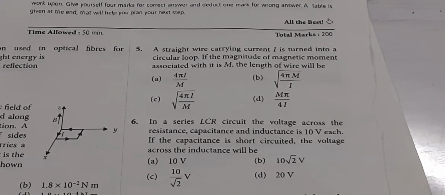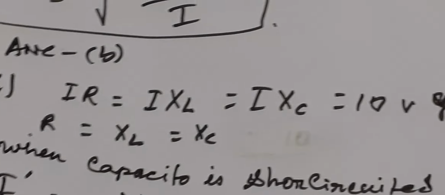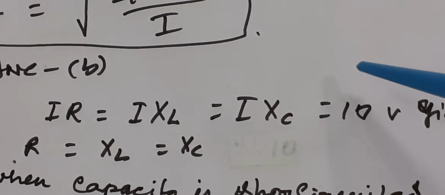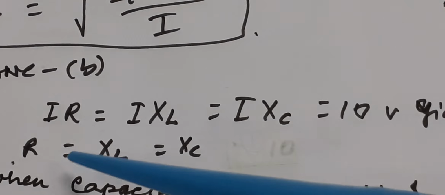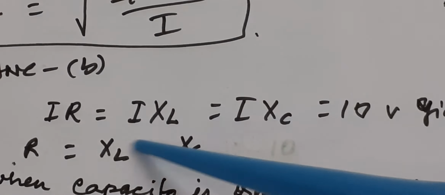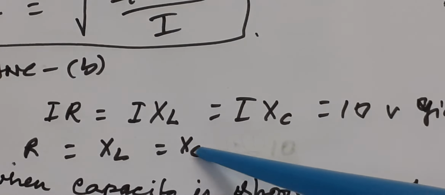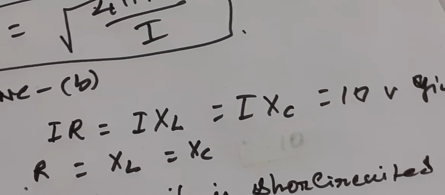That means I into R equals 10 volt, I into XL equals 10 volt, and I into XC, the capacitive reactance, equals 10 volt. From here we can say R equals XL equals XC, since the potential drops are all 10 volt and we can remove I. This is an important relation here.